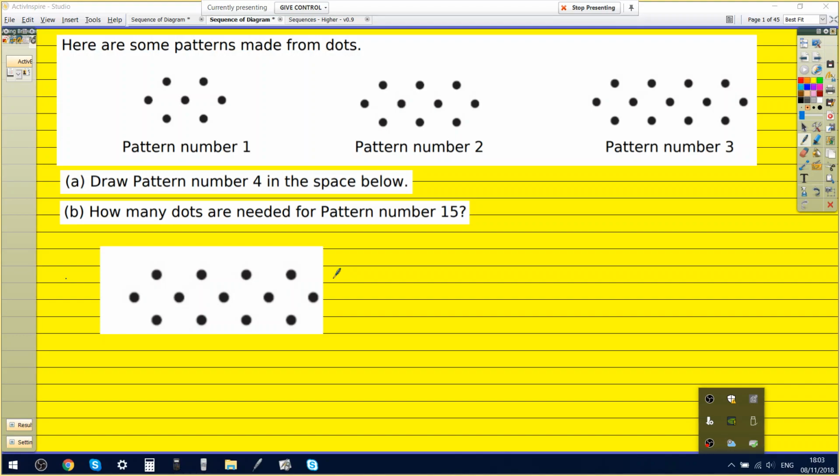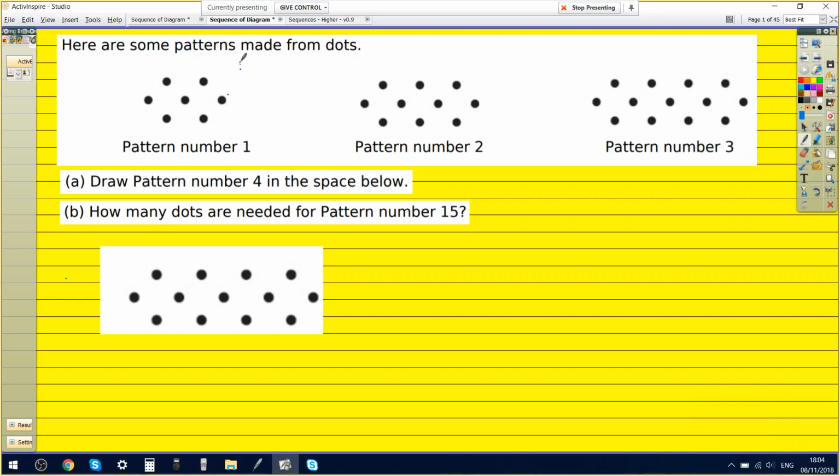Alright, what one am I doing? Part A. So what's basically the next one in the pattern? How would you do it? Oh, 16.